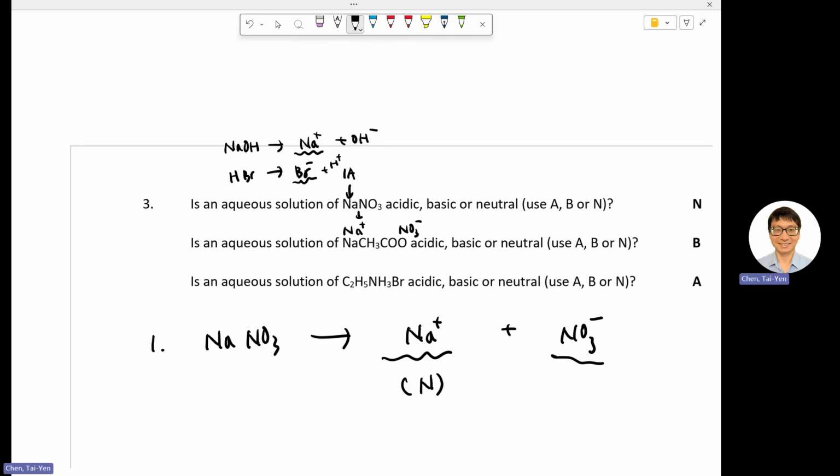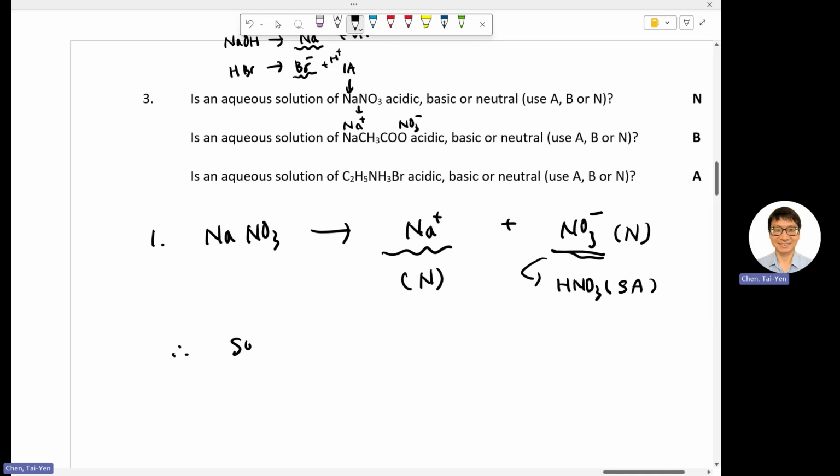This will be the conjugate base of the acid HNO3, right? And HNO3 is a strong acid. Therefore, its conjugate base will be neutral as well. So the two species that show up inside your solution are both neutral. Therefore, when this salt dissociates, it only produces neutral species. Therefore, your solution will be neutral. That's how you solve this type of question.